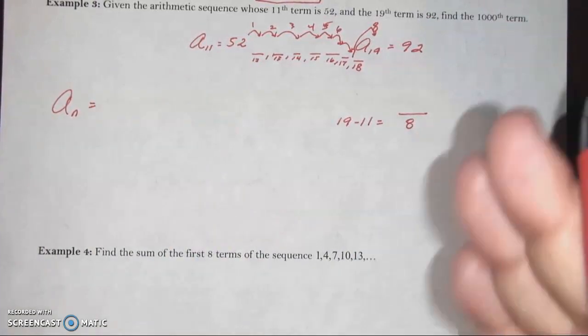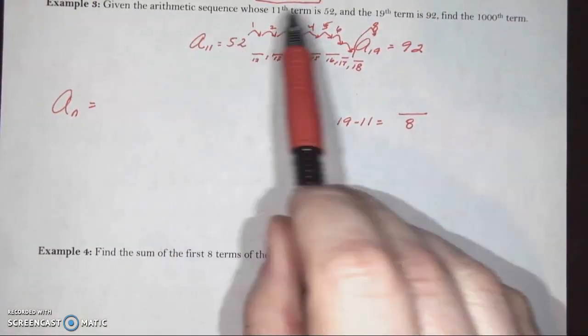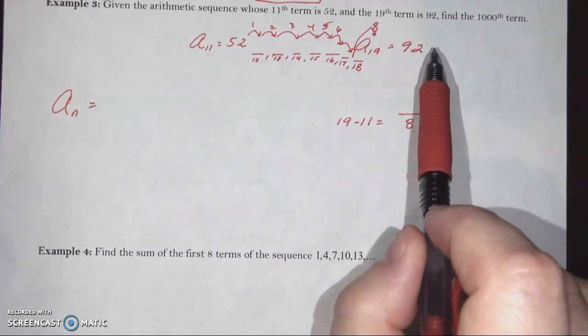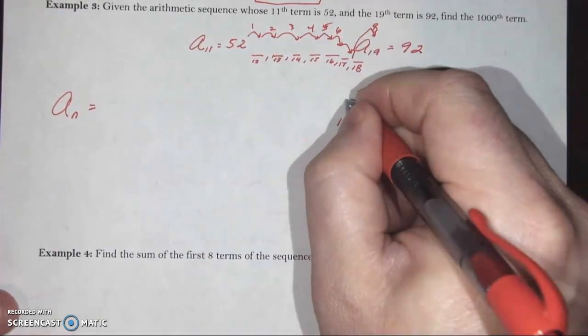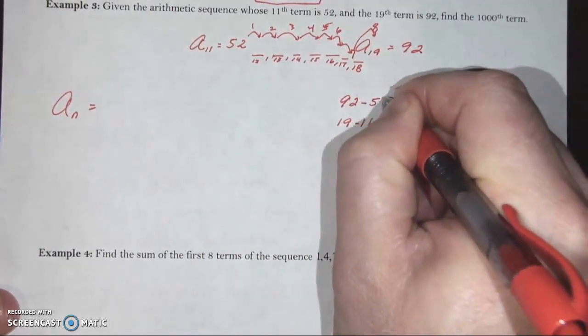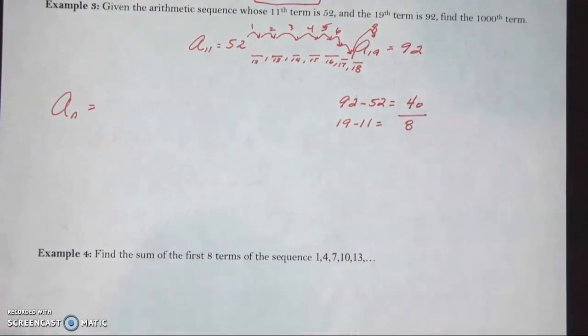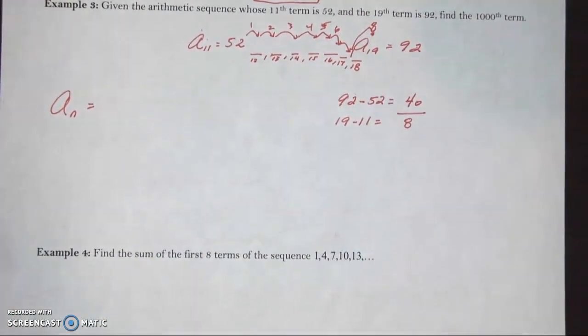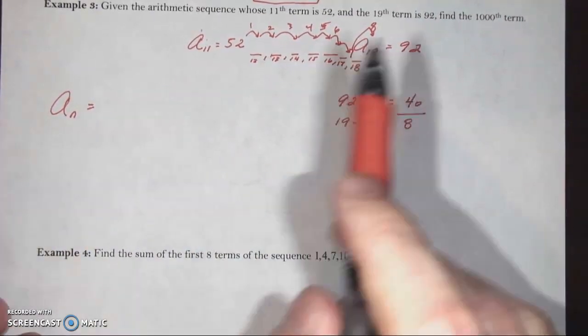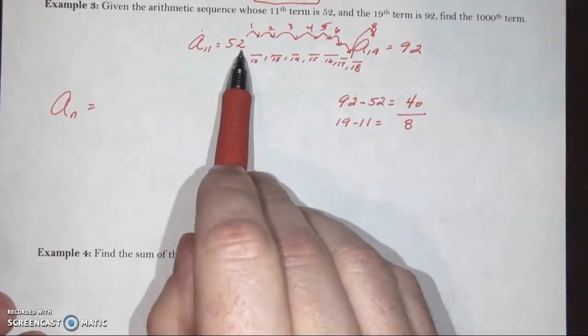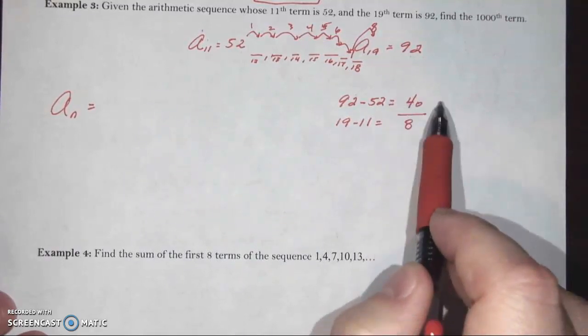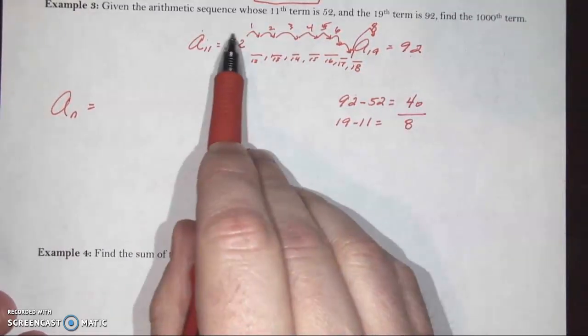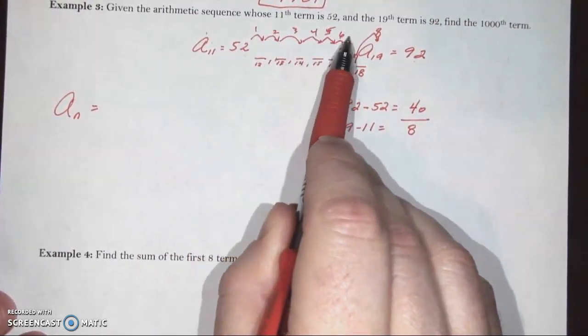What's the total of the additions for each of these terms? Well, it's the difference between the 19th term and the 11th term. So we're going 40 numbers in 8 additions. You take the 92, the 19th term, and subtract the 52. We need to move 40 units, basically, with 8 equal additions.